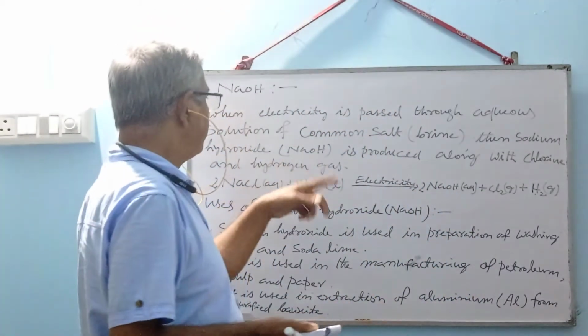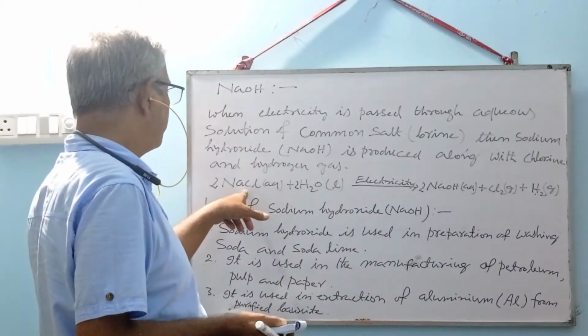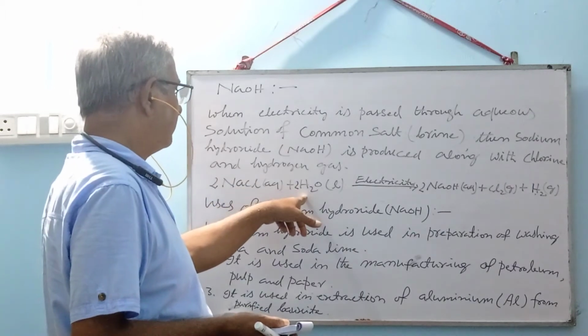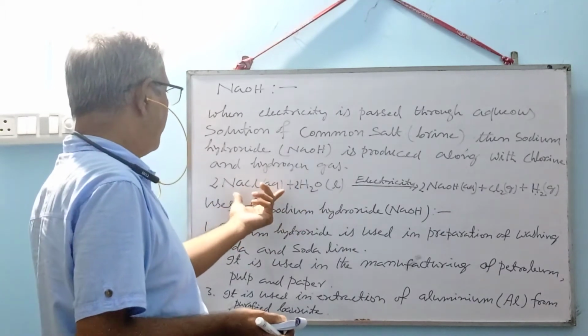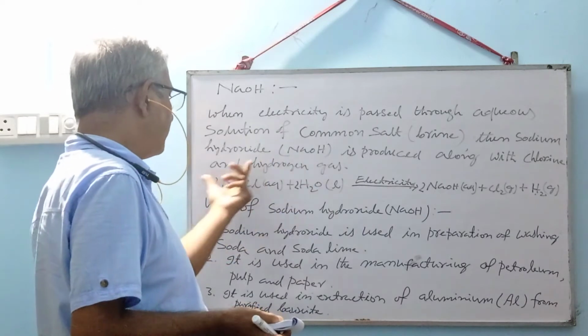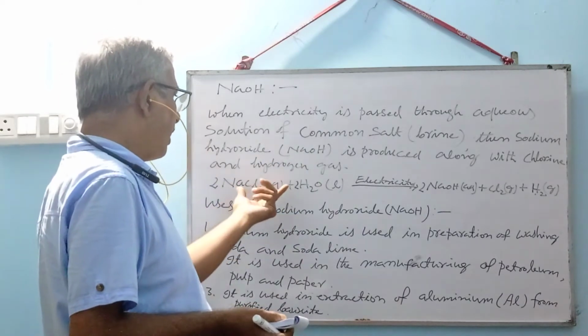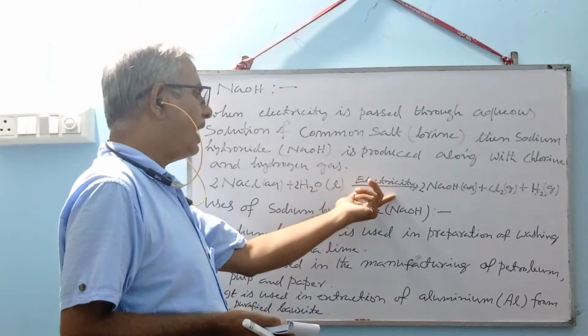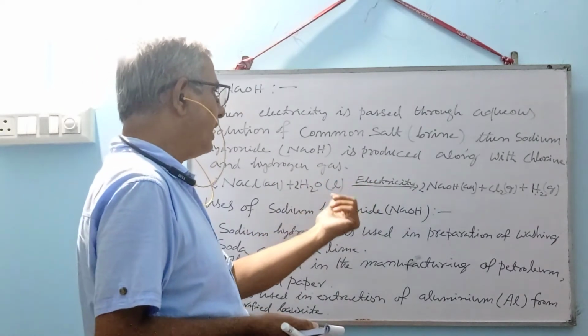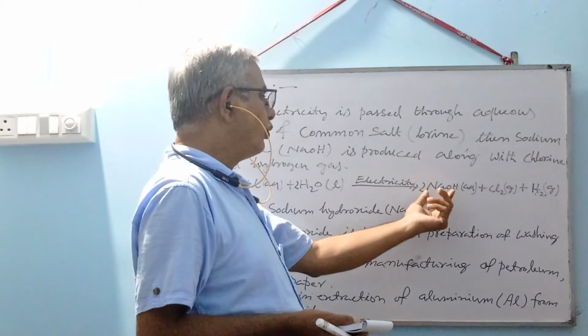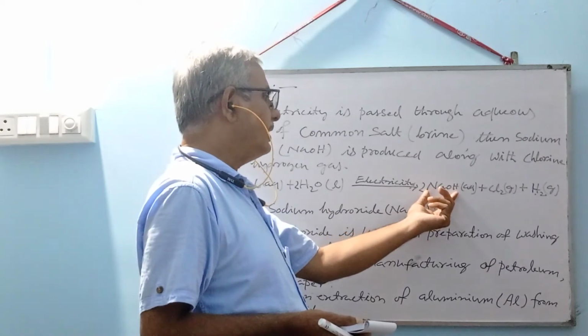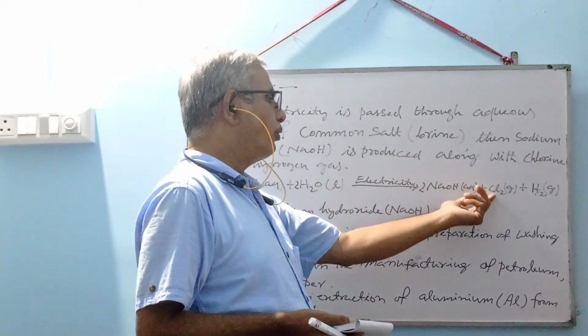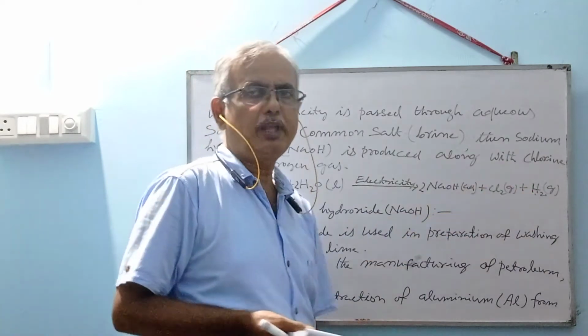Here I have given the reaction. Here you see sodium chloride, aqueous, water, liquid. Together they are called brine. So through brine I am passing electricity. After passing electricity, what are we getting? 2 molecules of sodium hydroxide, then 1 molecule of chlorine gas and hydrogen.